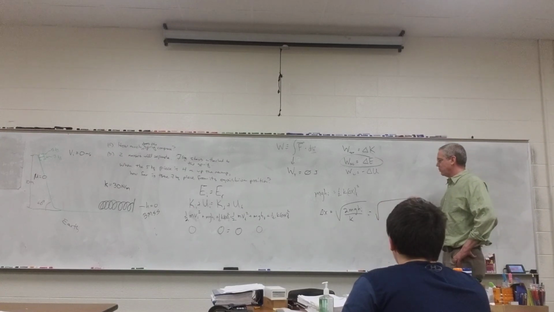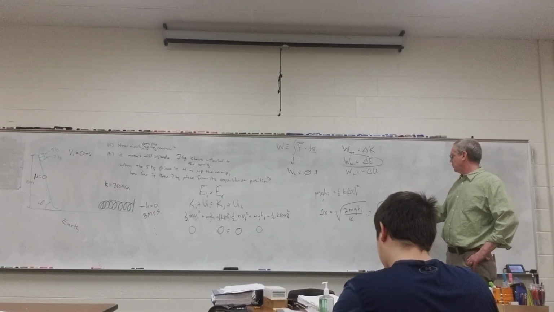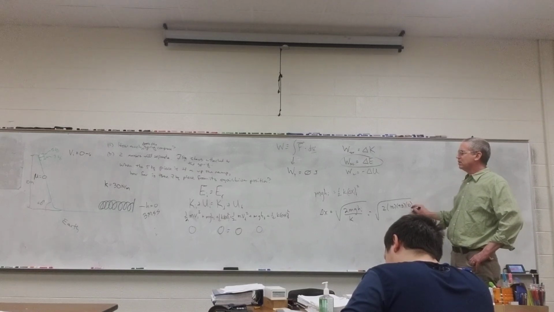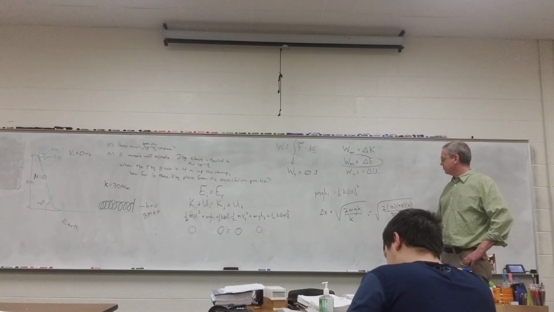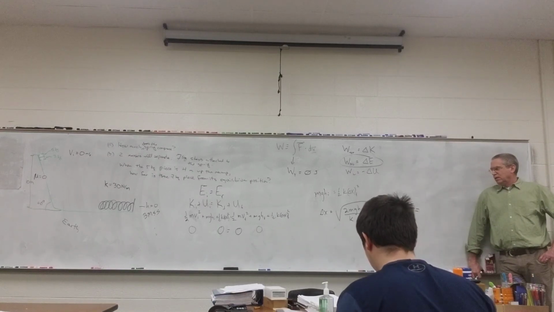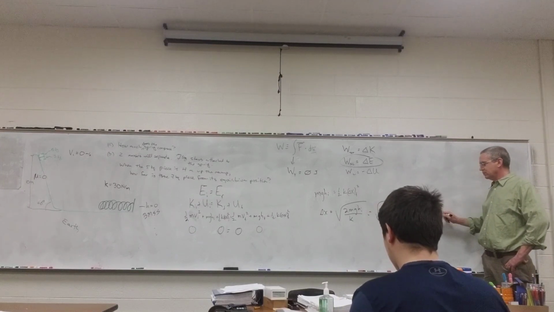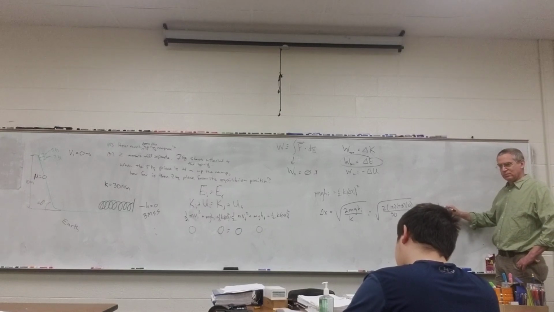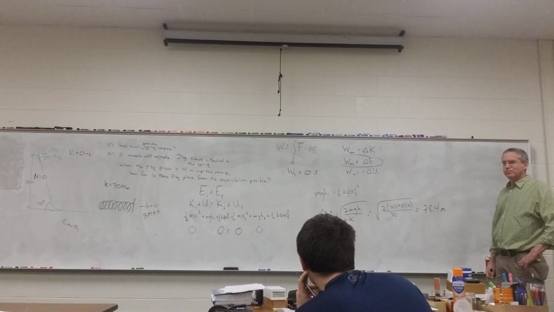So that becomes the square root of 2 times 12 times 9.8 times 10, divided by 30. 78.4 meters.